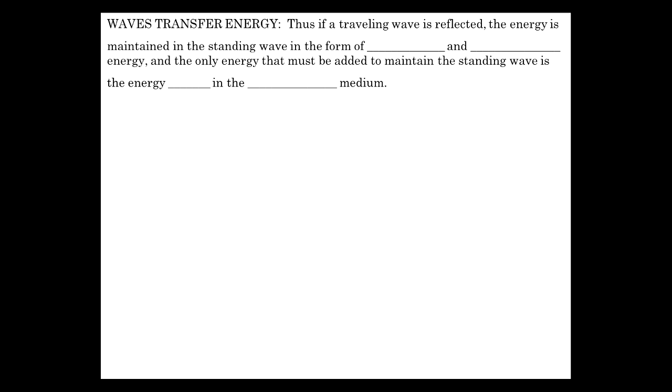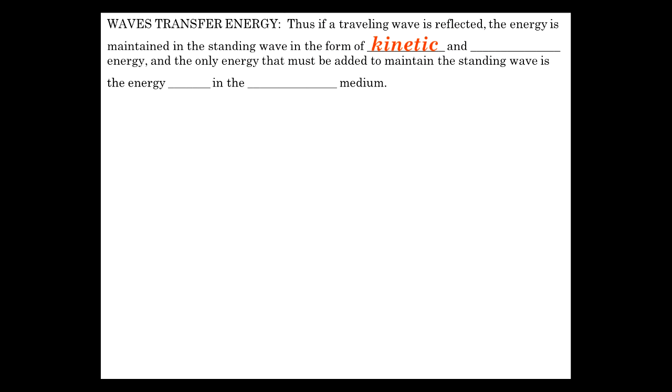Now, standing waves have some characteristics. We already have considered that waves transfer energy, and so I just want to illustrate that again. If a traveling wave gets reflected, the energy gets reflected as well and comes back. And that's continuously happening in a standing wave.